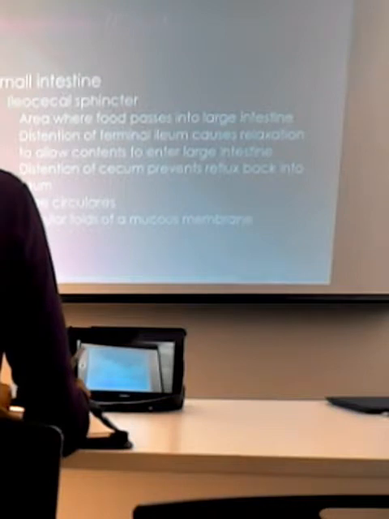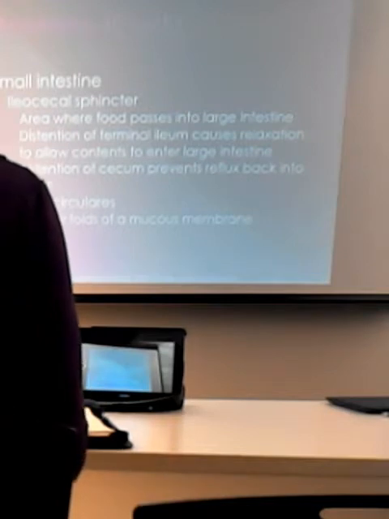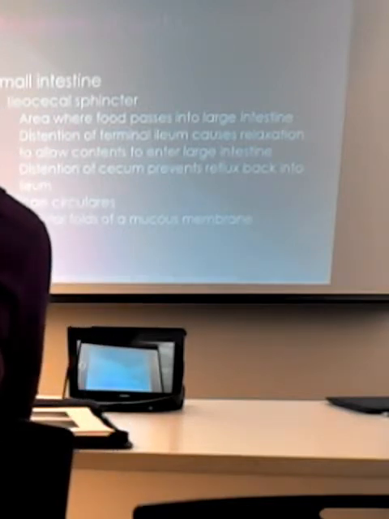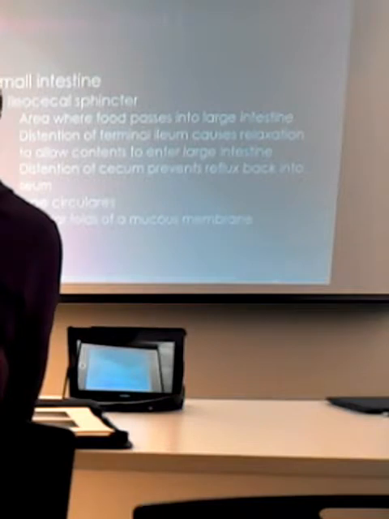It opens up. Out goes the waste from the small intestine and the ileum, and it drops down into the cecum. And that act of dropping down or stretching or chemical irritation in the cecum is a feedback mechanism that tells the ileocecal sphincter to close. Make sense? Okay.